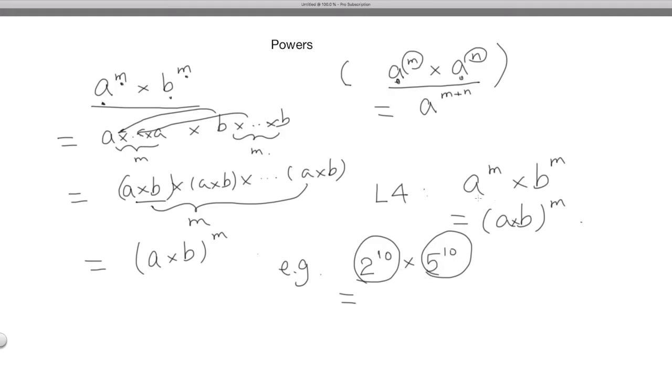But the other way is to use this property: when the powers are the same and the bases are different, you can just multiply the bases together. (2 times 5) to the power 10. Now you see why we want to do that, because 2 times 5 is just 10, so this equals 10 to the power 10, which is 10 billion. So 1 followed by 10 zeros.